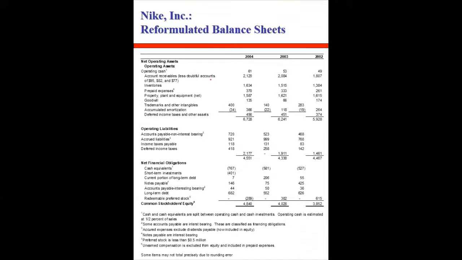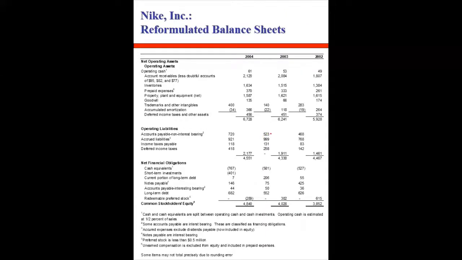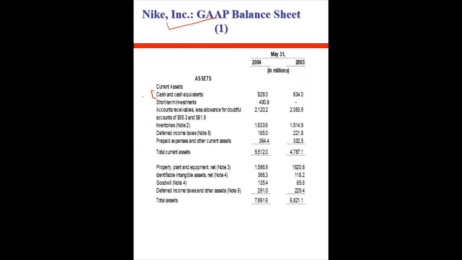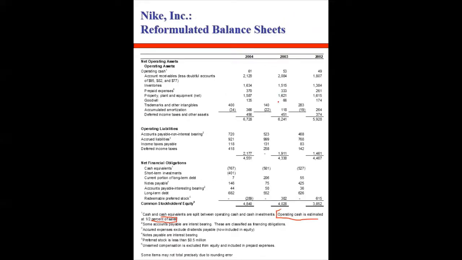So I do not know from where the income statement has been given, but what we are applying here, that if we have the sales amount, we will take 0.5% of sales as operating cash, and the remaining cash, after subtracting this operating cash from this amount, cash and cash equivalent, we will take the remaining amount to financial assets.